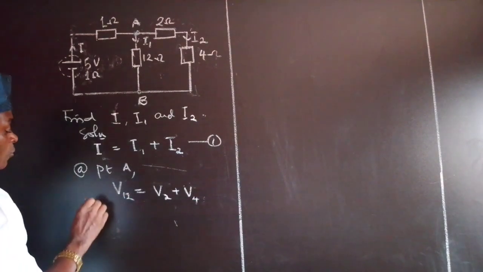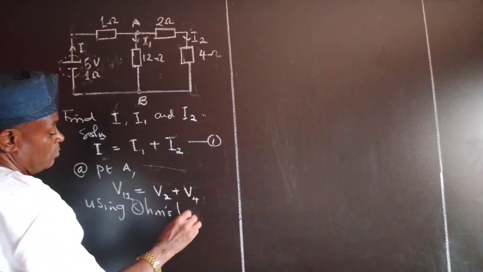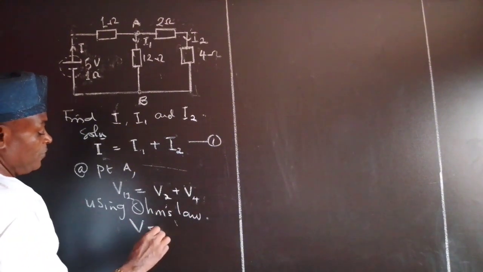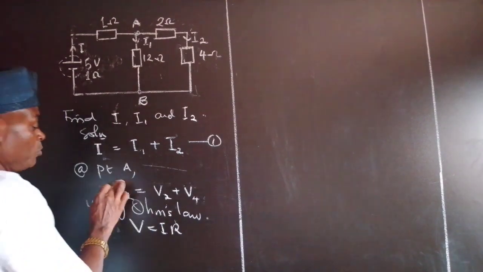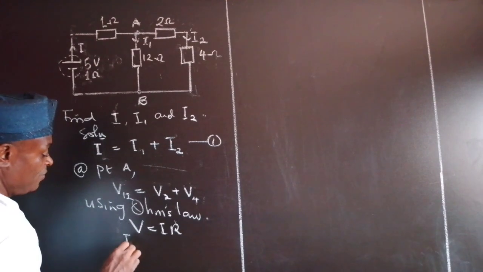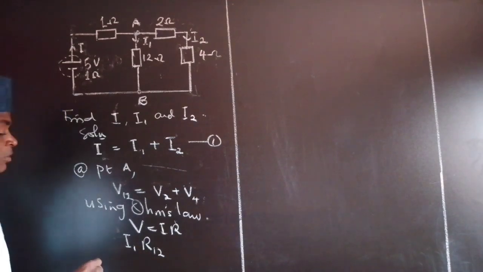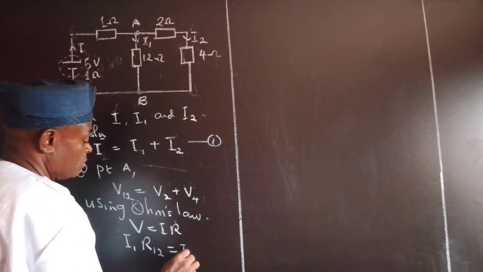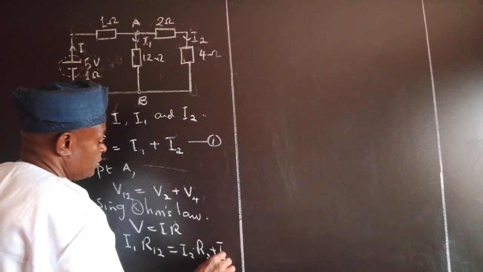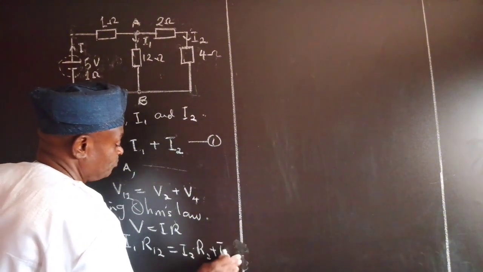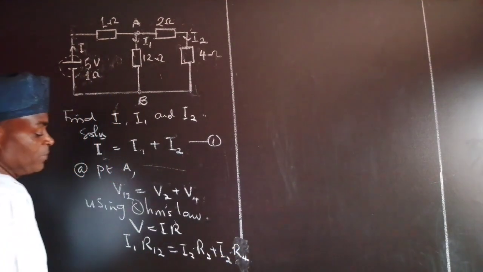Using Ohm's law, we know that for every V there is current times resistance. So for this we have current I1 multiplied by the 12 ohm resistor, equals current I2 multiplied by the 2 ohm resistor plus current I2 multiplied by the 4 ohm resistor respectively.